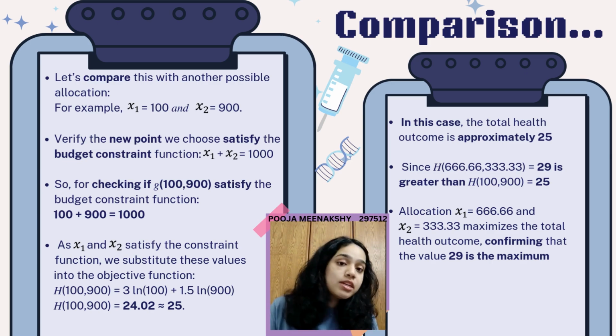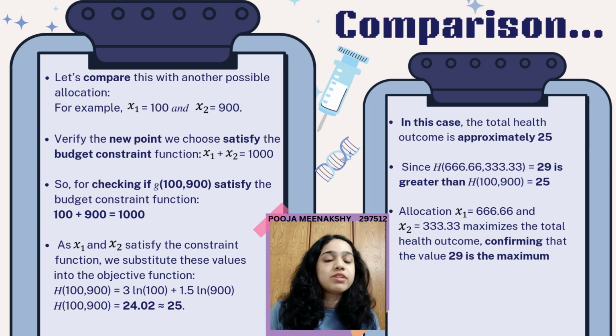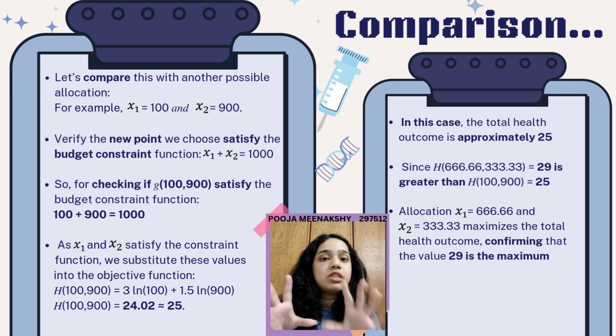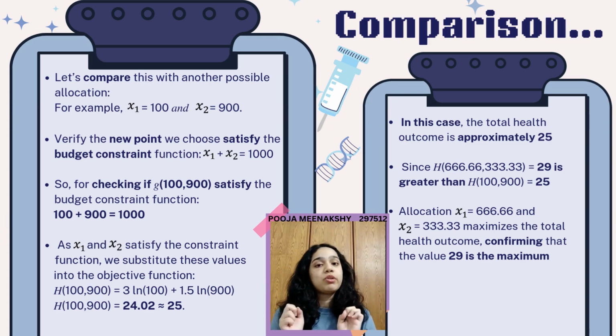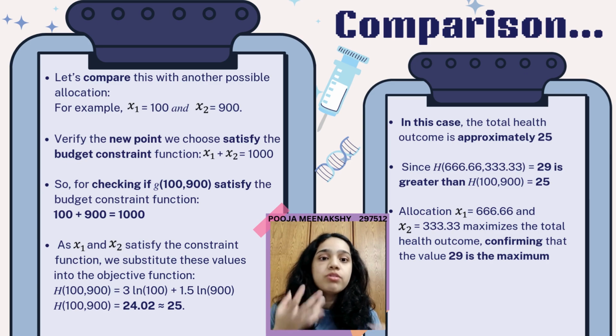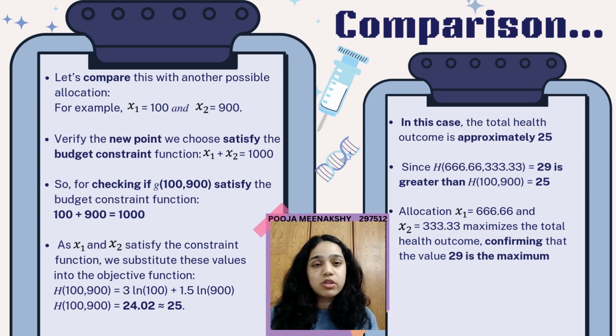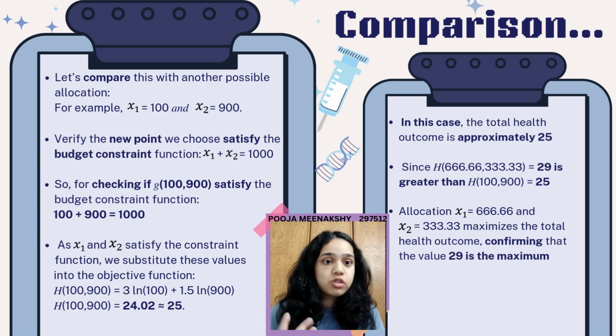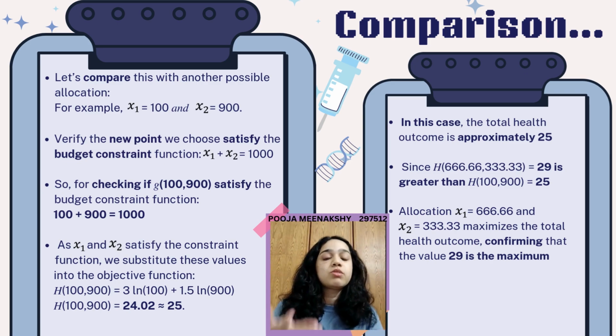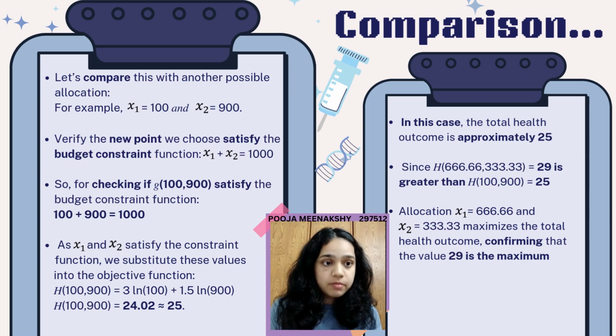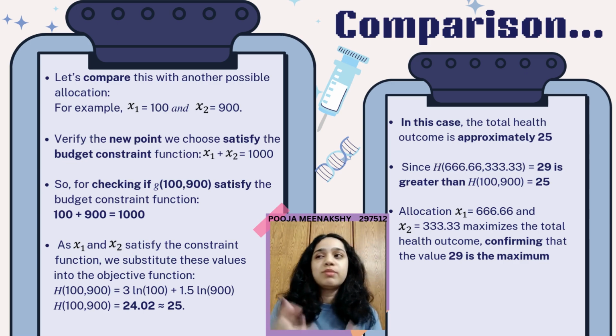It is a dimensionless measure of the combined effectiveness of the program. These constants a and b allow us to adjust the relative importance of each program, but the overall outcome remains unitless because it's used to compare different allocations and maximize efficiency rather than to give a concrete number of lives or cases. So the focus right now is to maximize the benefit in terms of effective resource allocation rather than quantifying specific outcomes in physical units.